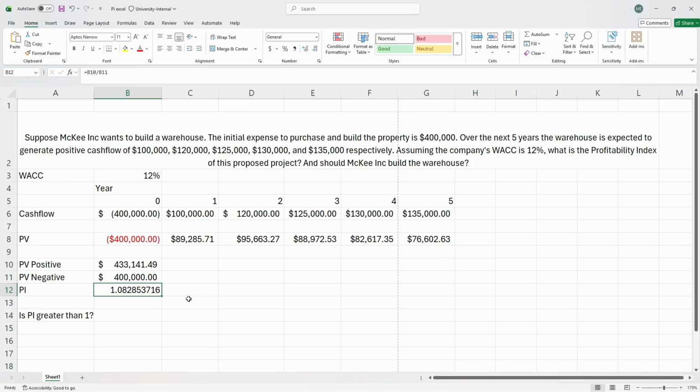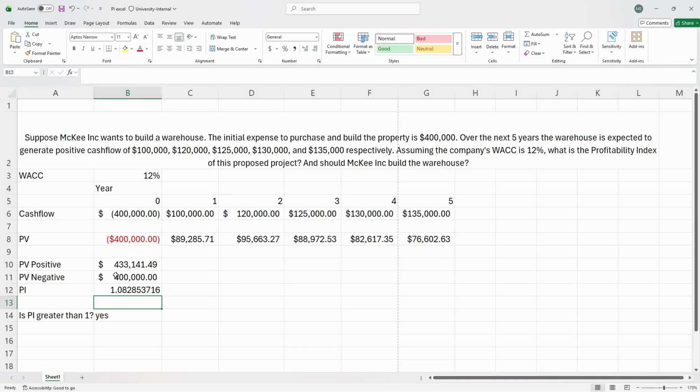However, you may also be asked to interpret the PI, and to do that, we just compare it to 1. Is it greater than 1? Indeed it is. So we would then recommend to accept this warehouse construction. It's going to add value because our profitability index is greater than 1. If it had been something less than 1, then it would be creating negative value. We would say, don't do it.